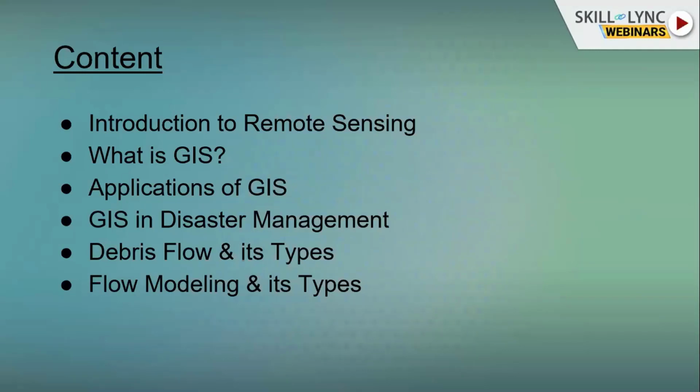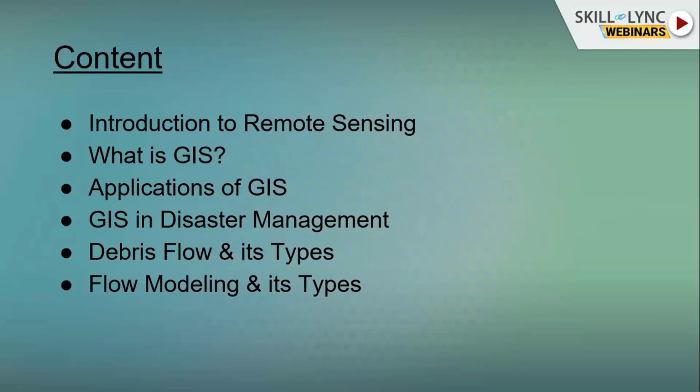So we will be covering what is remote sensing, what is GIS, what are the applications related to GIS technologies, and specifically in disaster management, how GIS is playing a critical role.